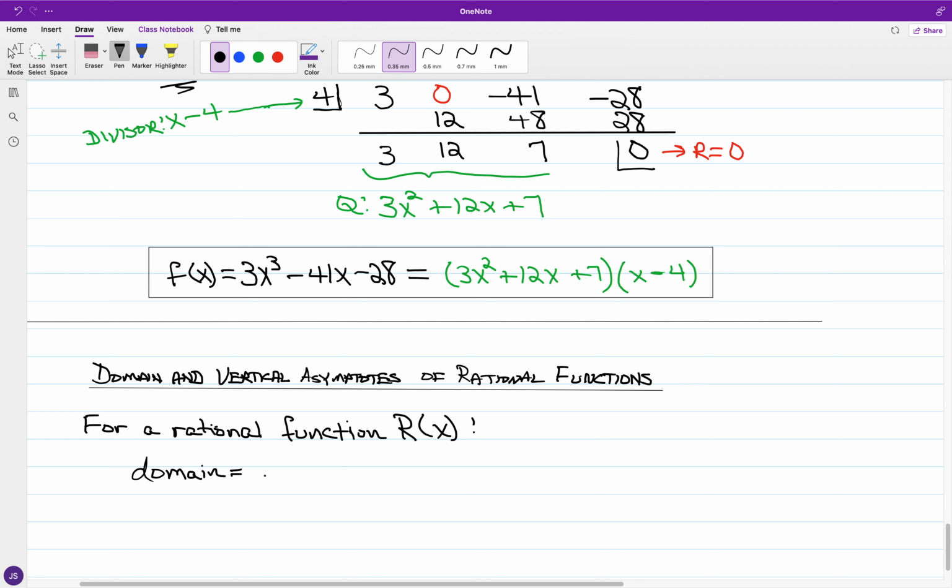For the domain, nothing new here: you're going to have the set of all x values where r of x is defined in the set of all real numbers.